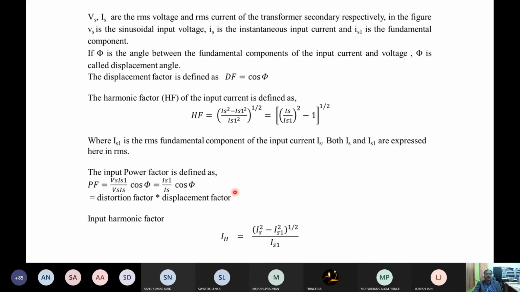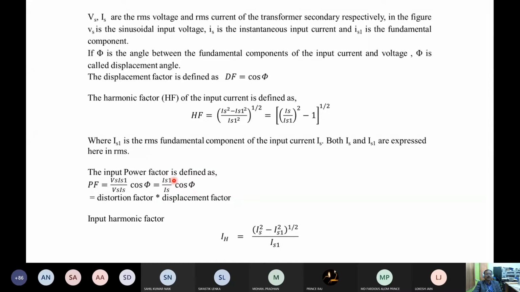And the input power factor is defined as power consumed by the load, VS1 IS1 cos phi. VS is the fundamental only, it is sinusoidal. VS IS1 cos phi divided by VS IS. So it is IS1 by IS times cos phi, right?